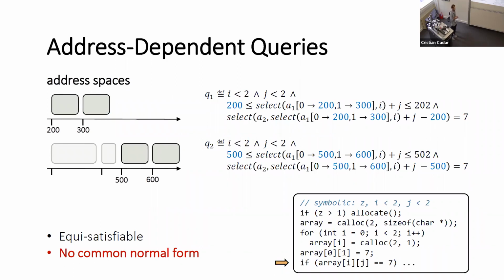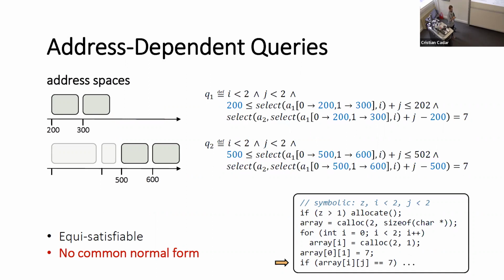So let's have a look at these two queries, which are generated in two different paths in this program below. One path doesn't take this first branch, and the second path takes this branch and allocates some additional memory objects.